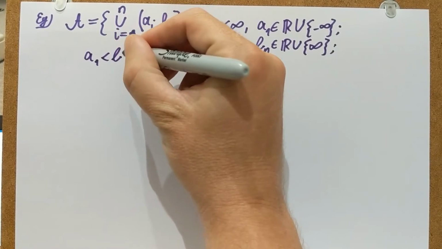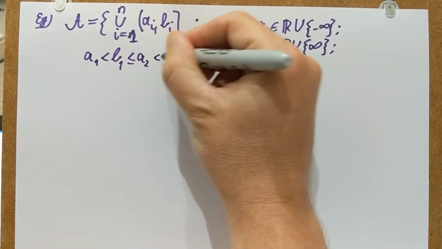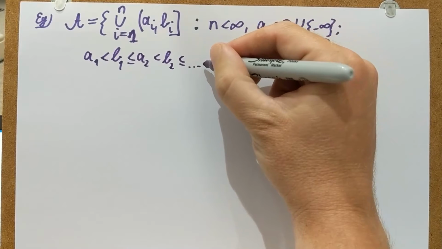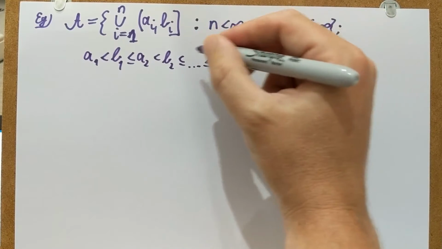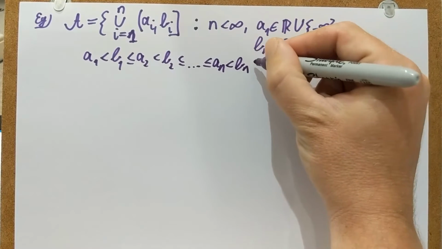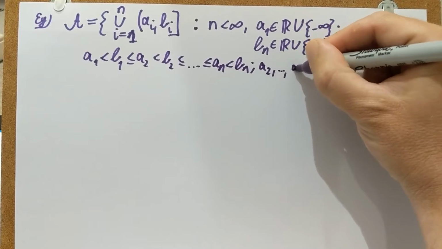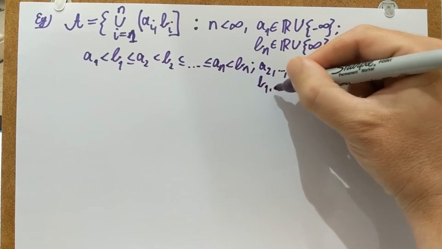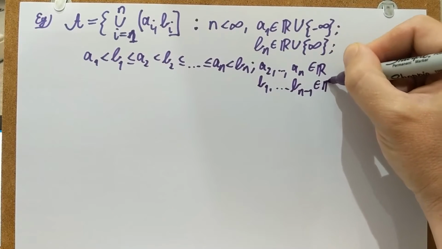So A1 is less than B1, which is less than or equal to A2, which is less than B2, less than or equal to A3, less than B3, and so on, and then less than or equal to An, which is less than Bn. And so A2 to An are real numbers, and B1 through Bn minus 1 are real numbers.